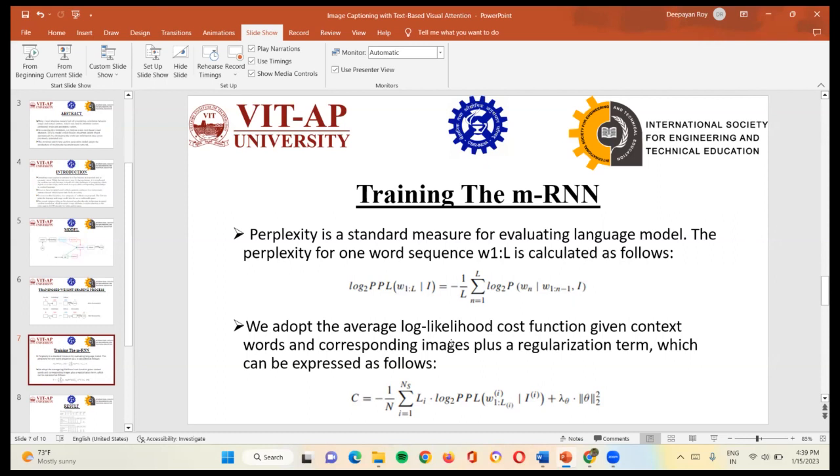We adopt the average log likelihood cost function given context words and the corresponding images plus a regularization term, which can be expressed as the equation given below. Here n is the size of the vocabulary, Ns is the number of sentences in the training set, li denotes the length of the ith sentence, and theta is the model parameter.